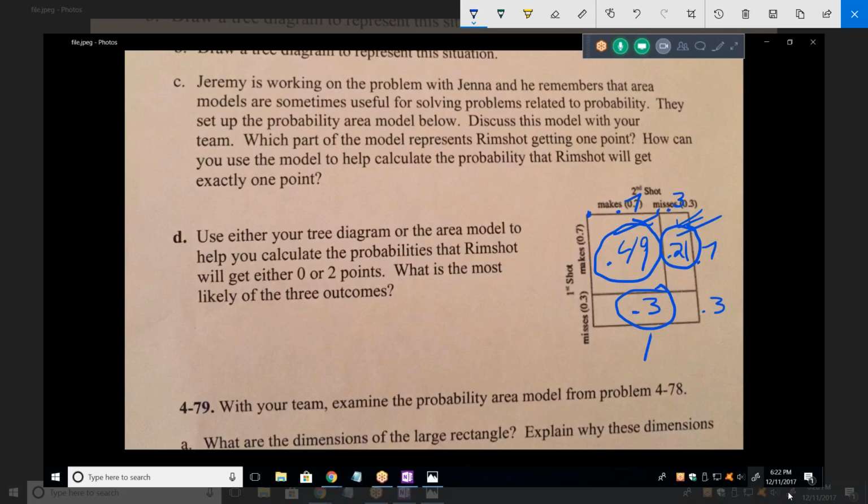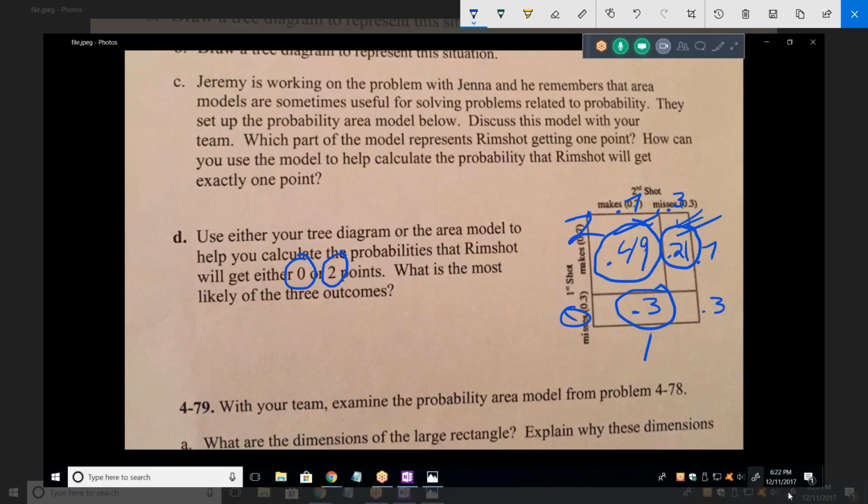All right. So what's the probability she gets either 0 or 2? This bottom rectangle is 0, and this upper left one is 2. So what's the probability that she gets either or? 30% that she gets 0, and then 49 if she gets 2. Let's leave it in decimals.